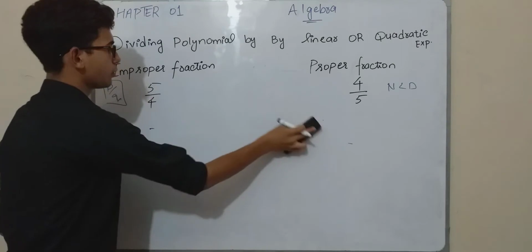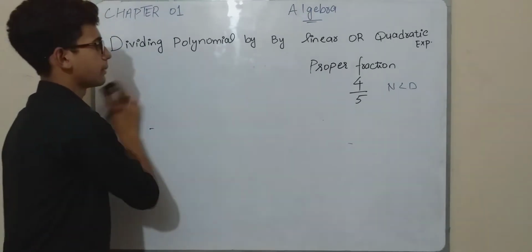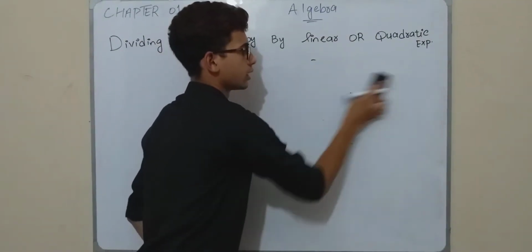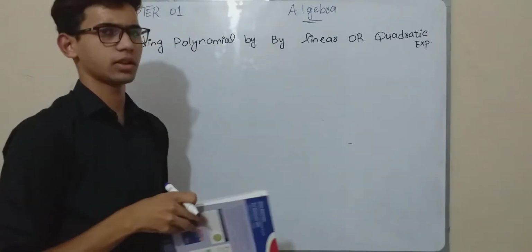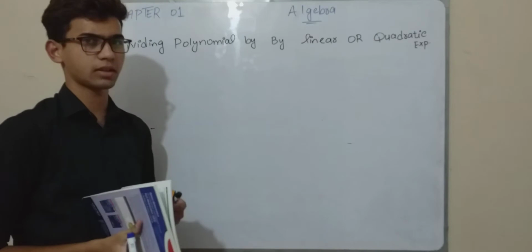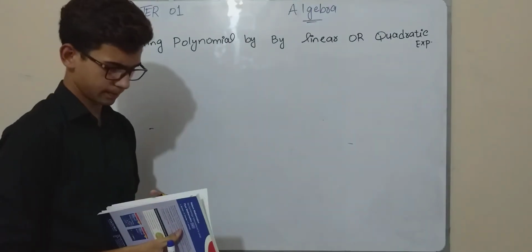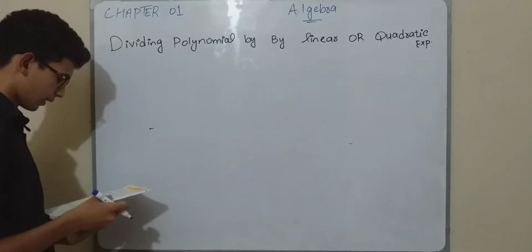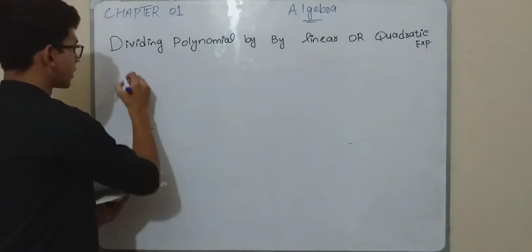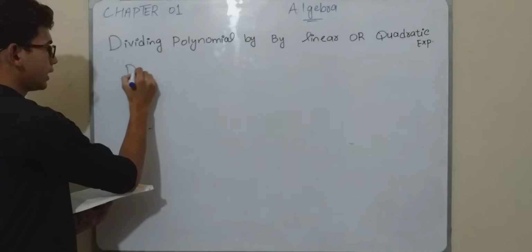Now I am going to solve an example from the book, from Nelson Mathematics, so that we could proceed further and have a better concept of it. We have example 1a.